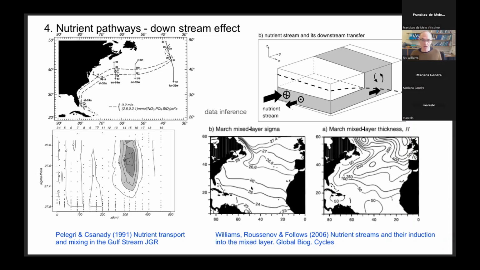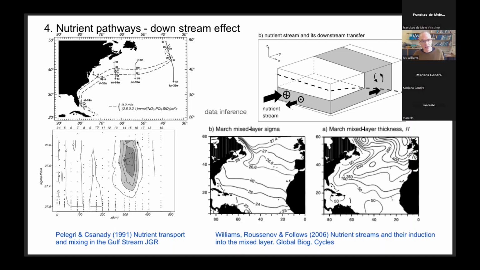And where they outcrop, where those nutrients are delivered to the surface boundary layer will depend on the end of winter outcrops. So if we look at the end of winter potential density distribution in the mixed layer, we see that sigma 27 is outcropping around 45 to 50 north, effectively separating the subtropical and subpolar gyre.